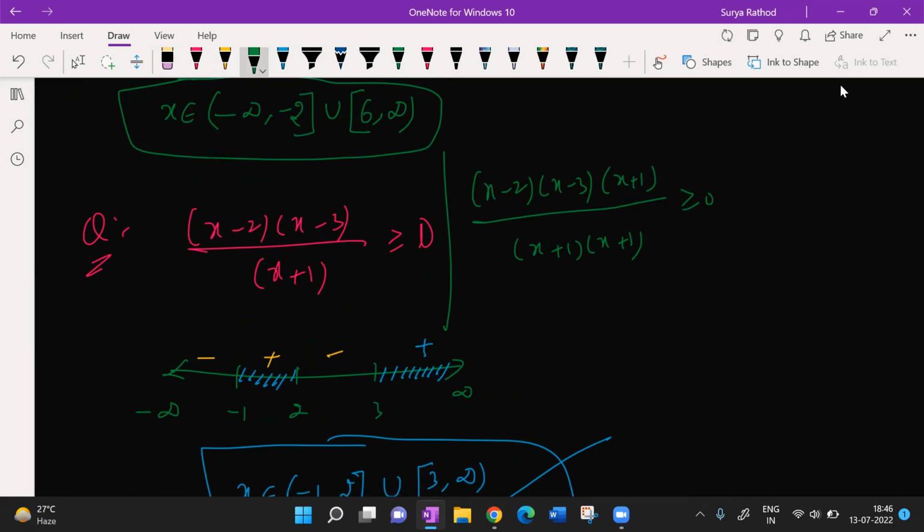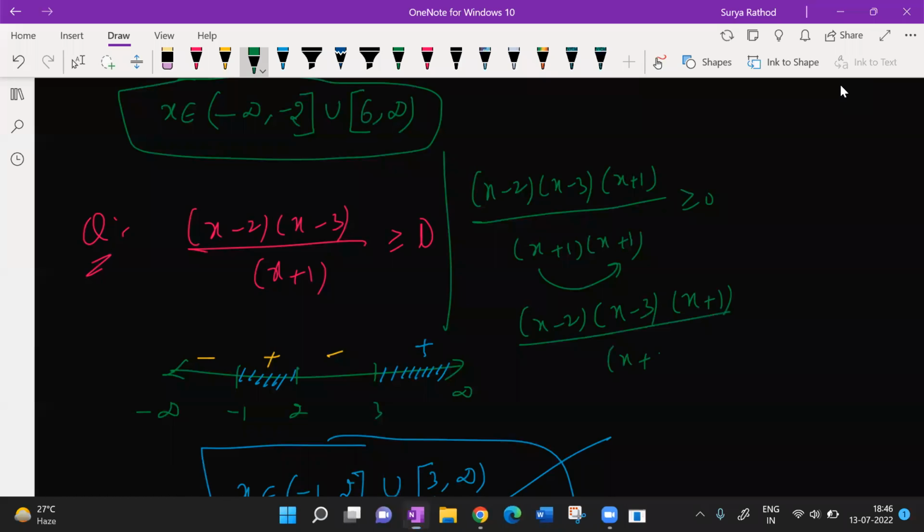For making it as positive, I have to multiply with the same term. So it becomes now x minus 2 into x minus 3 into x plus 1, all divided by x plus 1 whole square.